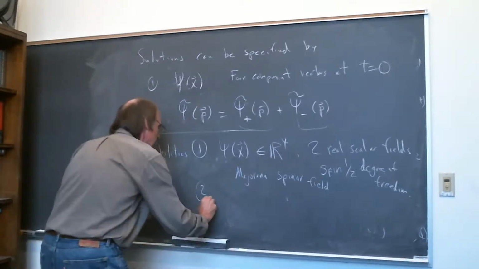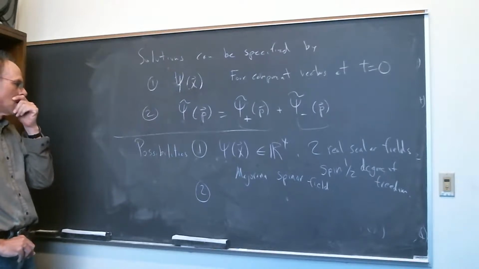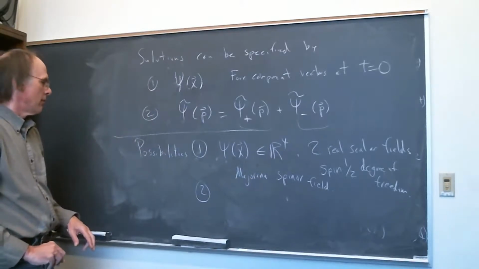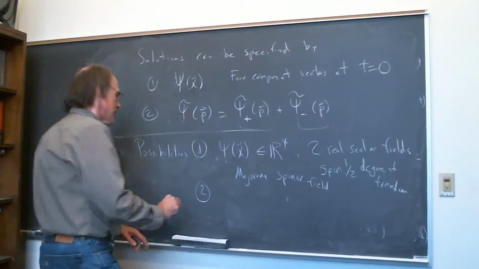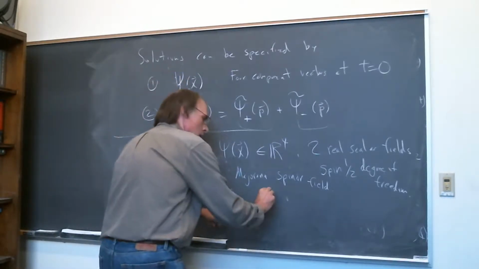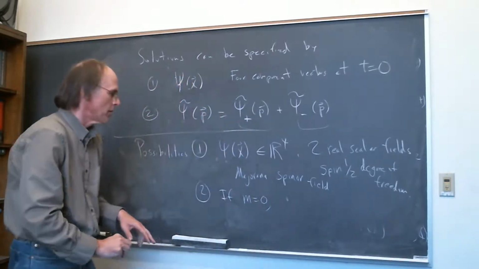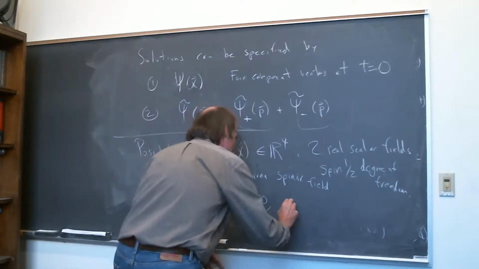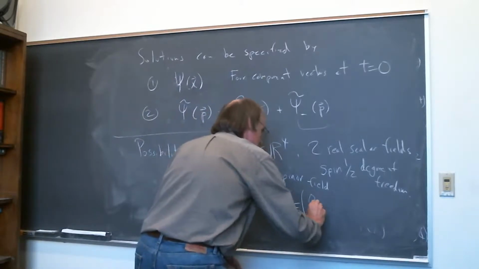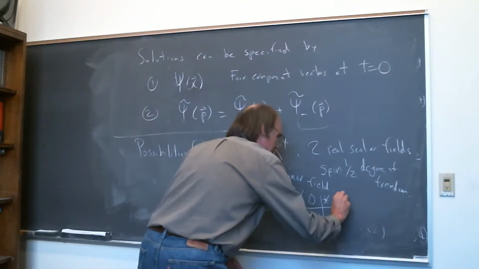Or what you can do is break up, well, maybe I better not. Let me say this: if m is equal to 0, then d slash is going to be of the form you could put in block diagonal form, something like this.